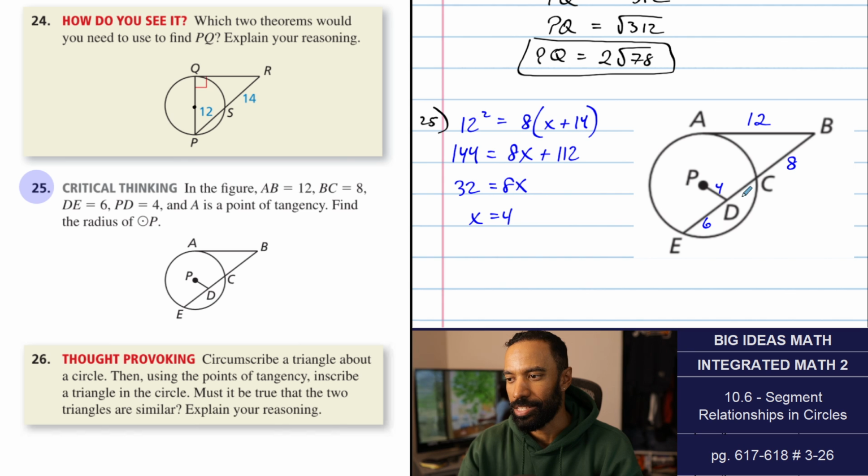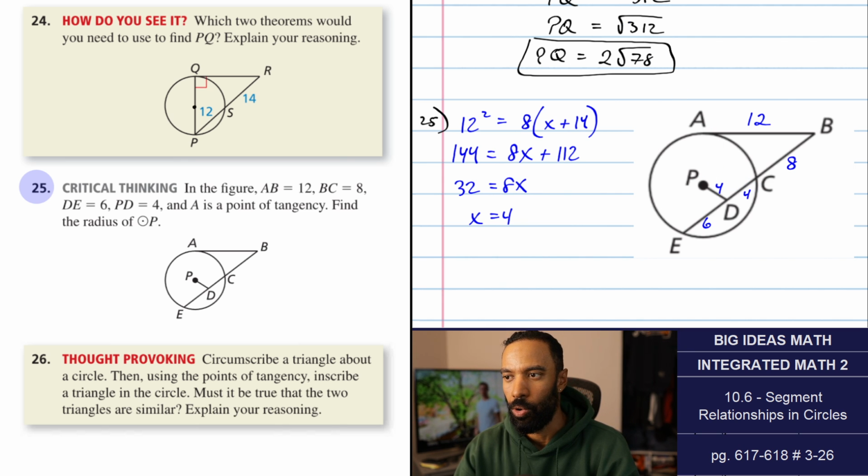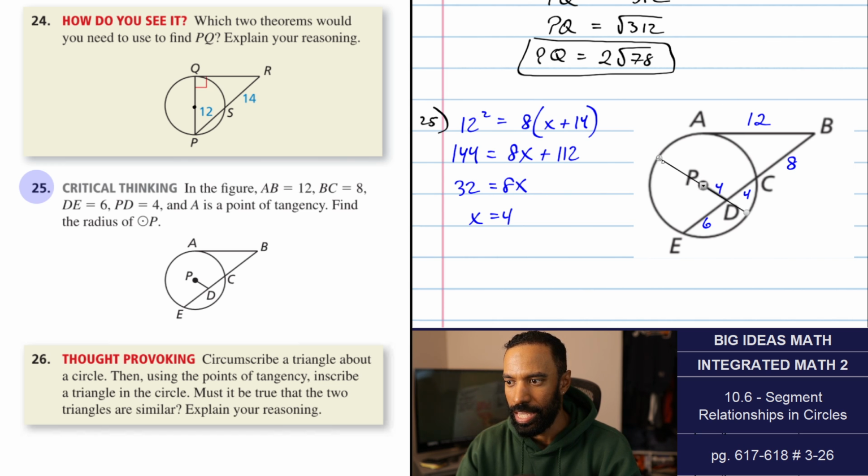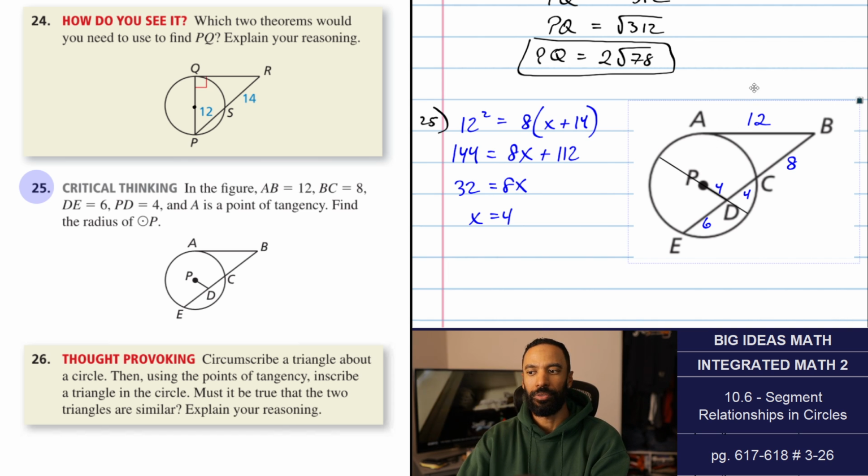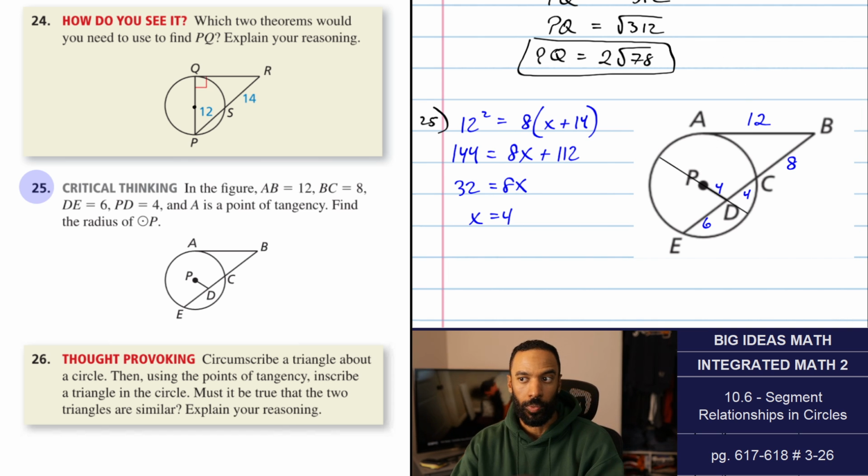This is nice because I think what I want to do with this is that chord thing. So let me extend this. I want to do this in a thin way so you can tell what I'm doing. I want to extend this out here. This is what they said, find the radius. And I don't think the right angle, the only time we use the tangent thing, I couldn't think of a way. I was thinking about how to use this Pythagorean right angle here. I don't think I can, but let's use things that we're doing now.